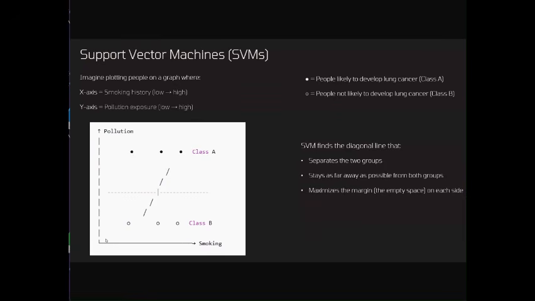That is why class A are up here, because the chance of developing lung cancer is high for class A. But for class B it is low, because these people have low smoking and low pollution.